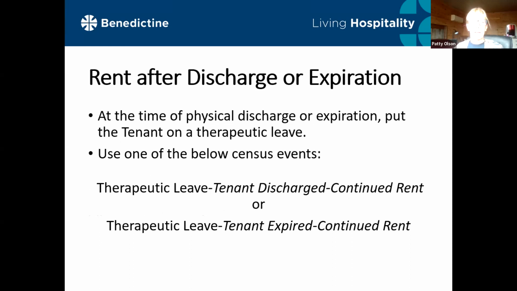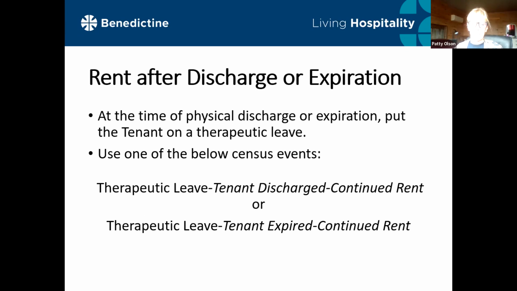Now we'll talk about rent after discharge or expiration. At the time of the physical discharge or expiration, put the tenant on a therapeutic leave. Use one of the following censuses that's appropriate. Is it a therapeutic leave, the tenant's just discharged, but you're going to continue rent per their lease?